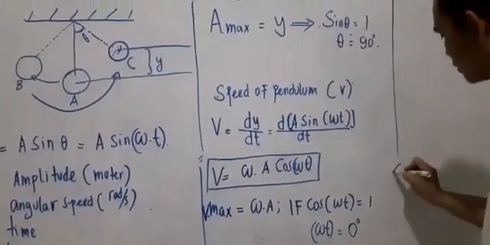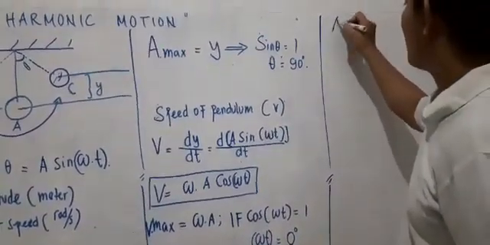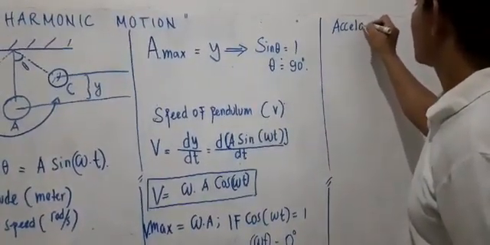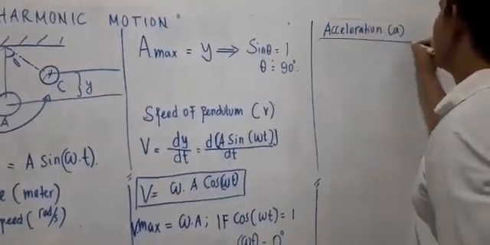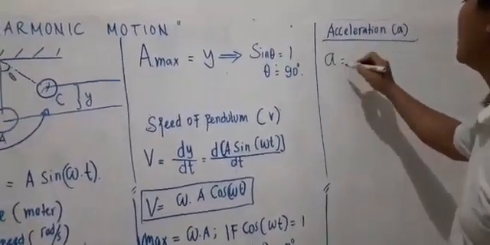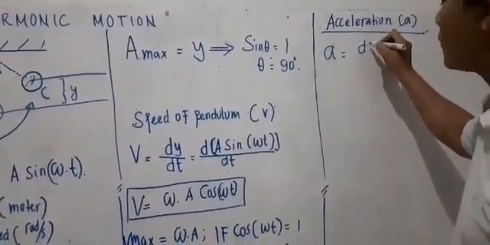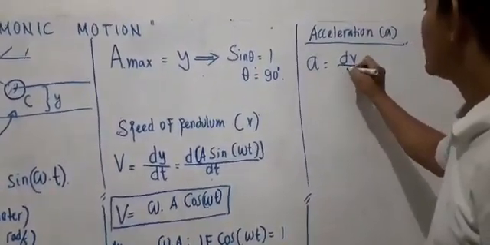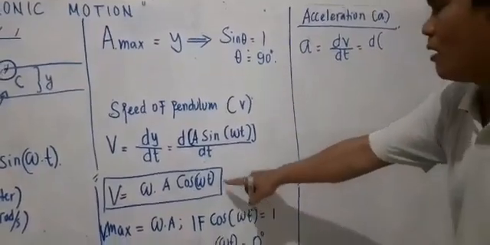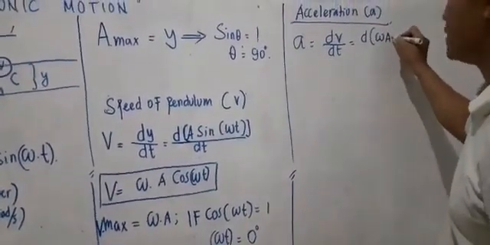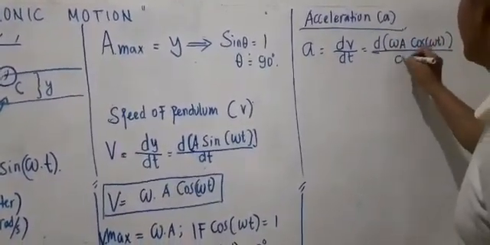Then we are going to learn about acceleration. The acceleration of the pendulum, or a, is the first differential of v over time. So it is the differential of omega A cos omega t with respect to time.